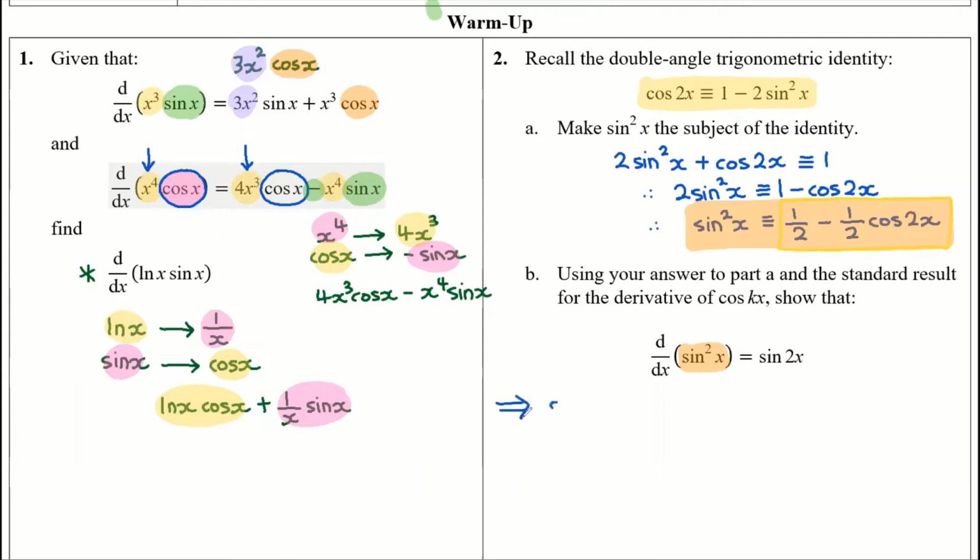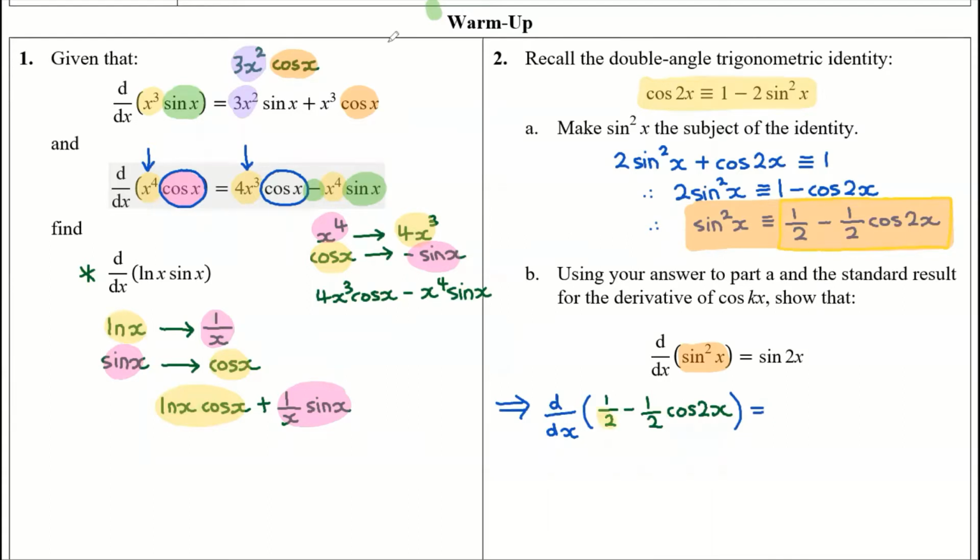So this all implies that I'm going to differentiate 1/2 subtract 1/2 cosine of 2x. We'll close the brackets. And I know the standard derivative of the cosine of 2x because we did that in the previous lesson using the chain rule. Now, differentiating term by term.